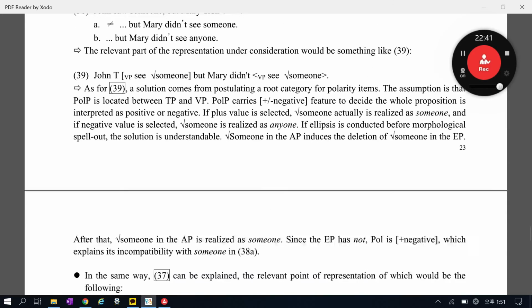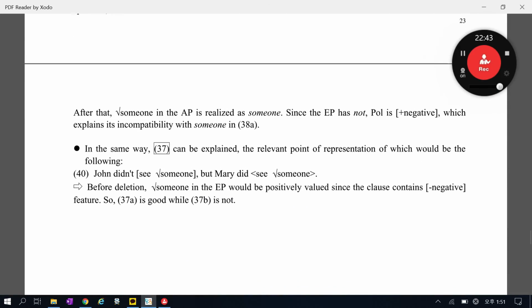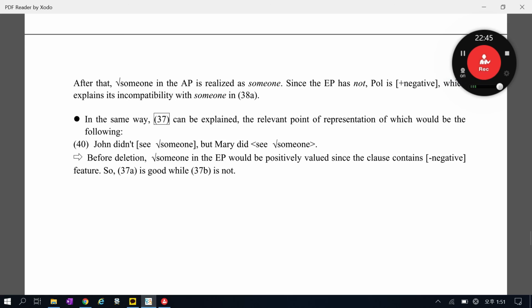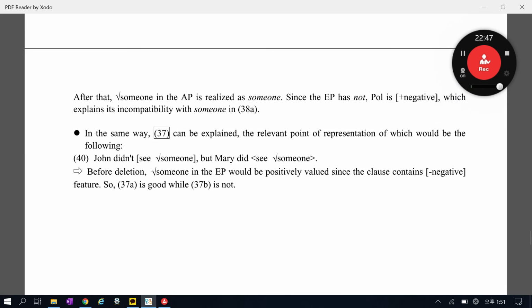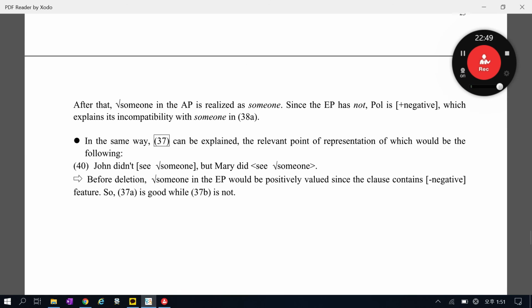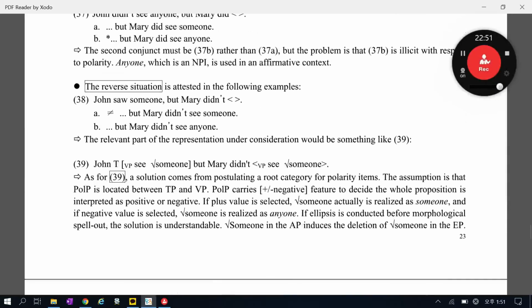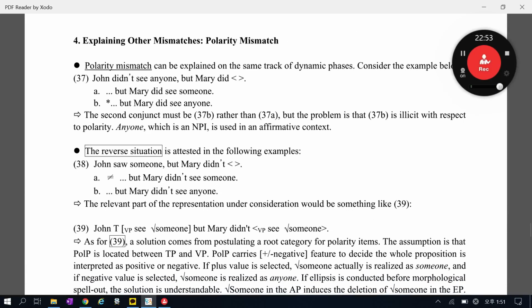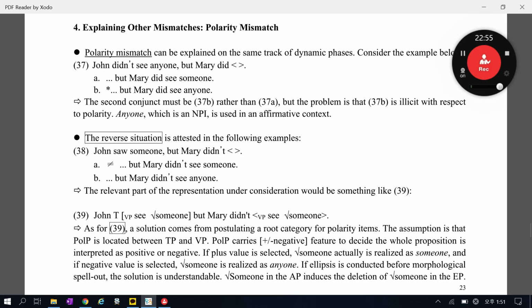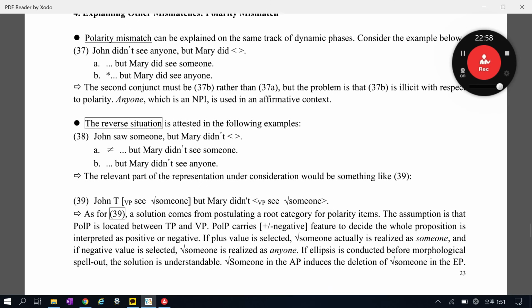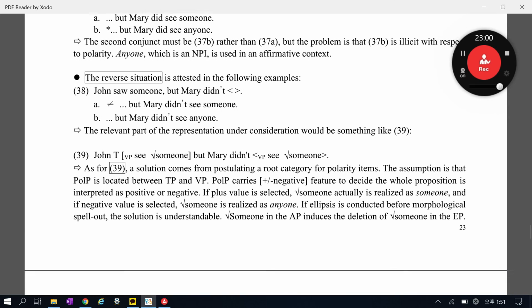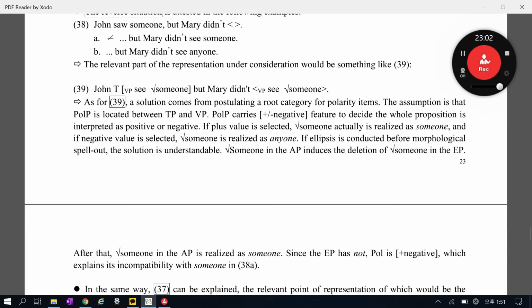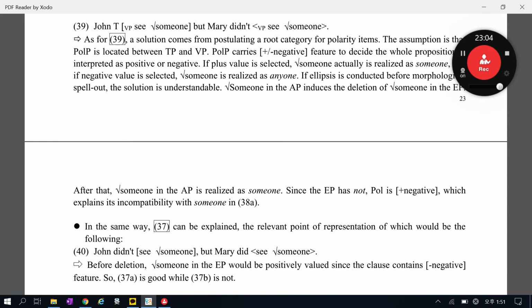Okay, I'm running out of time. Let me stop here because the explanation of polarity mismatch is just an attempt yet to be further explored and further articulated.